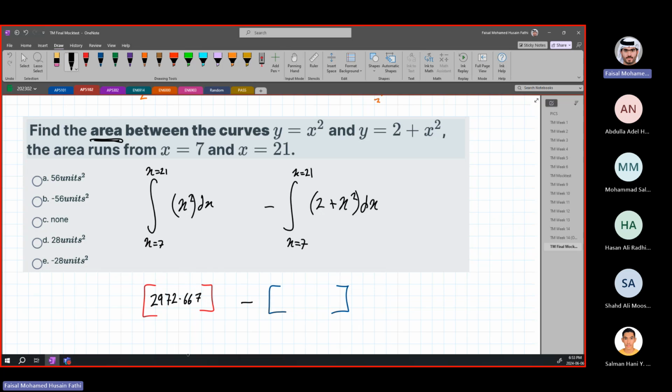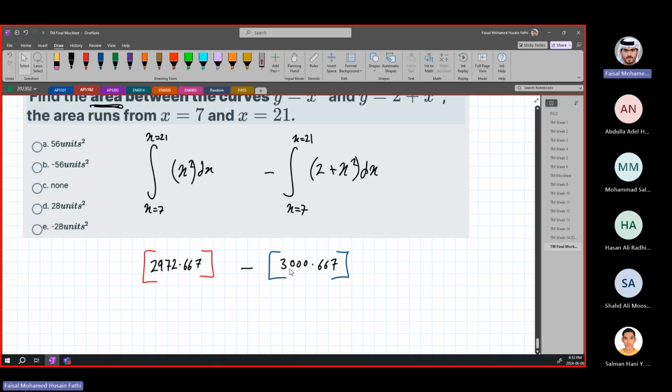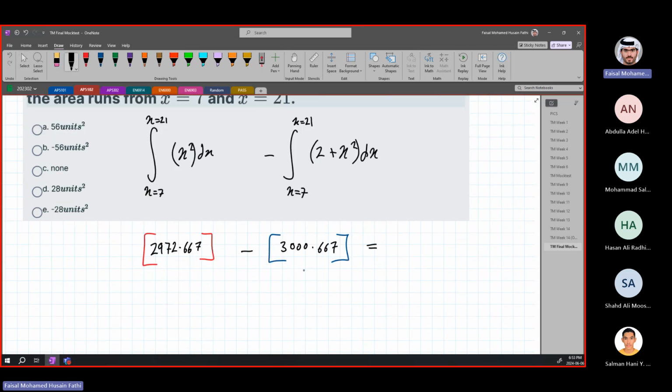And then again, 2 plus x squared integration will give me 300.667. Now, if you notice, I'm going to get a negative value because this number is smaller. So if I do this, I will get negative 28 to be more exact.